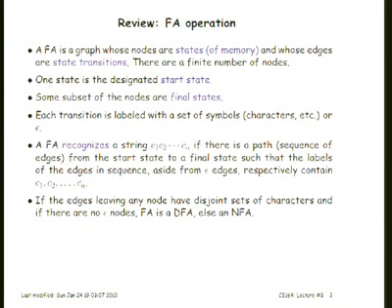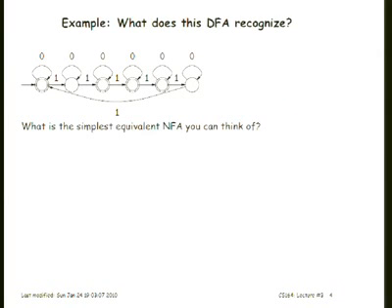In some formulations, there's an extra state called the error state, and everything that doesn't work just goes to that state. Or you get through all the characters in the string and end up in a plain, ordinary non-final state with a single circle.